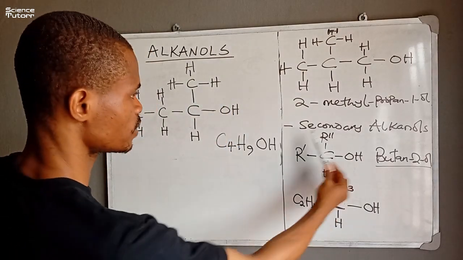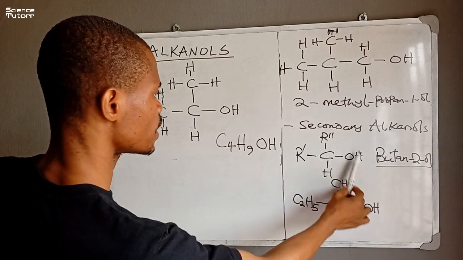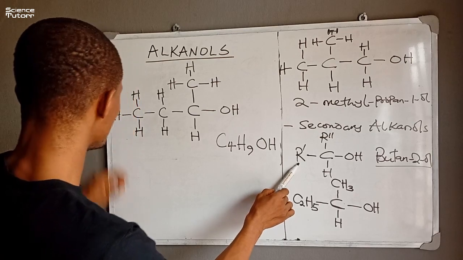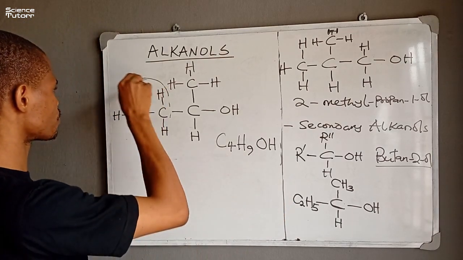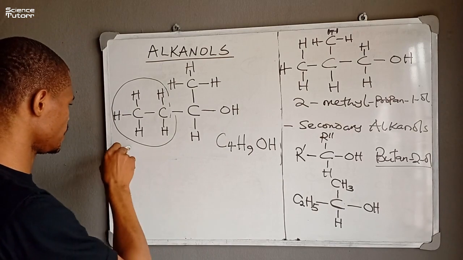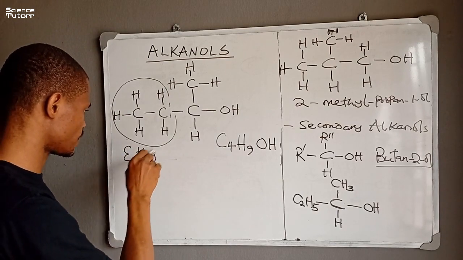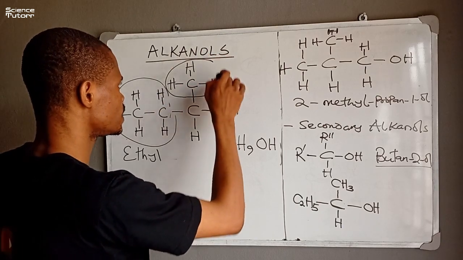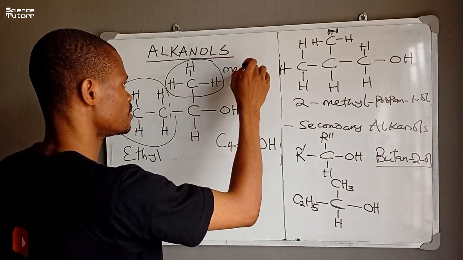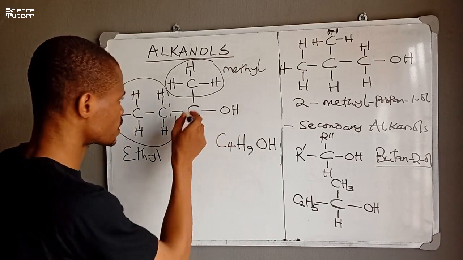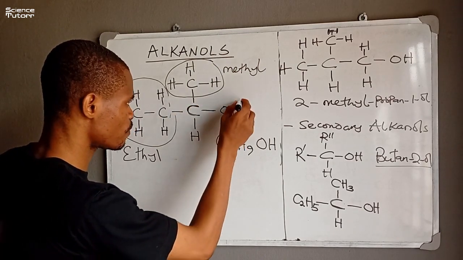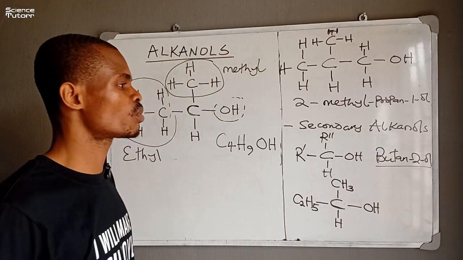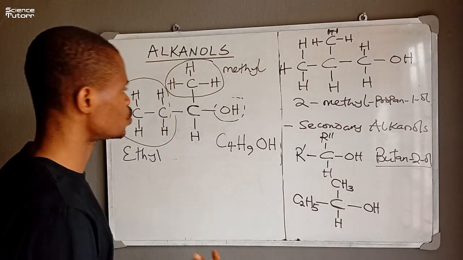As seen from here, in secondary alkanols, the carbon carrying the OH group has an alkyl group, which is this, called ethyl, and then another one at the top, which is methyl, all attached to the carbon carrying the functional group. So this is a simple structure of butan-2-ol.